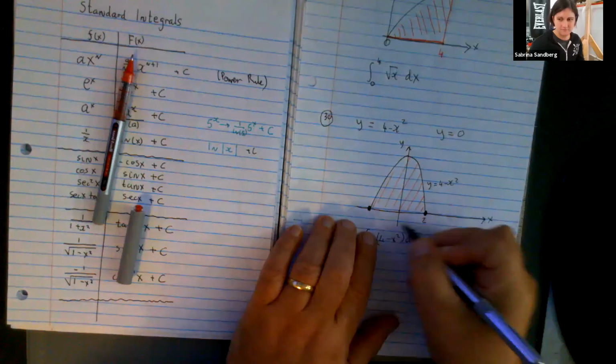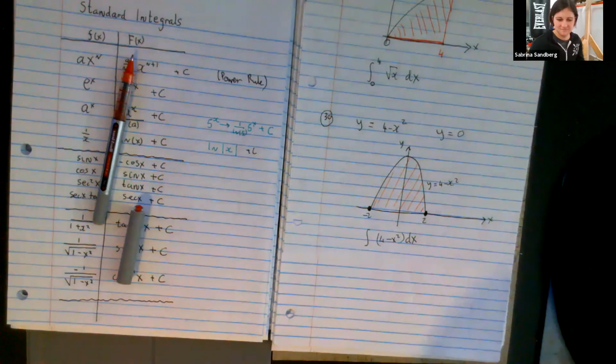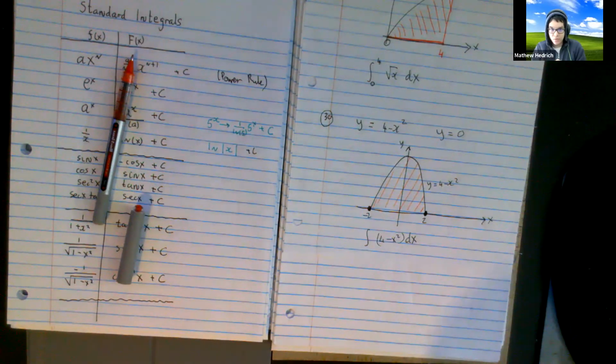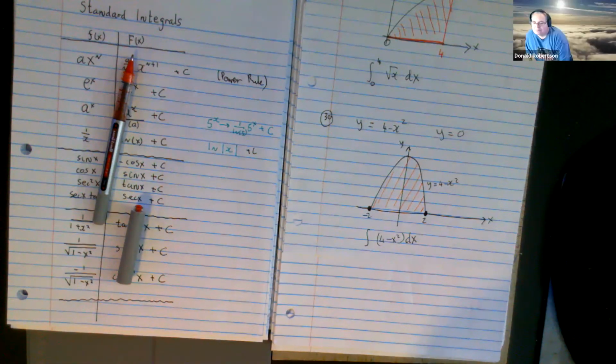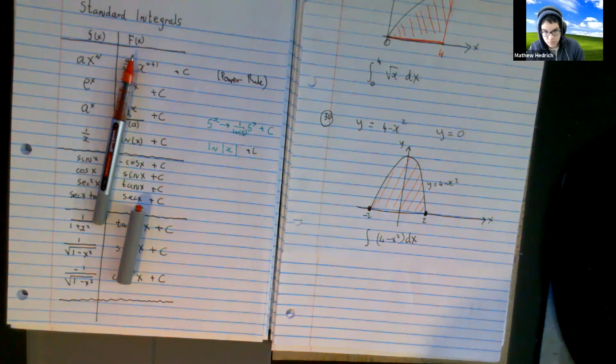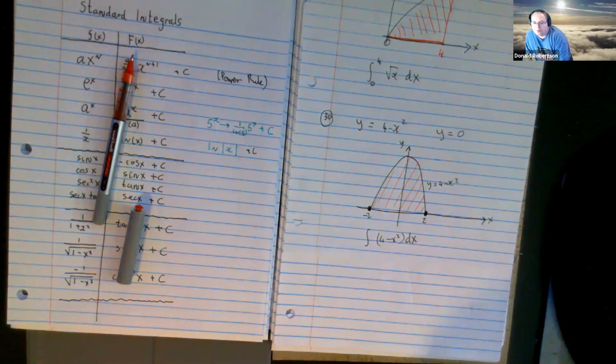Well, in order to get 0 out of 4 minus x squared, x needs to be 2, right. So what you did, if I just put it in different words, is you found out where 4 minus x squared crossed the x-axis. And you did that by making its y coordinate 0. And you solved 4 minus x squared equals 0.